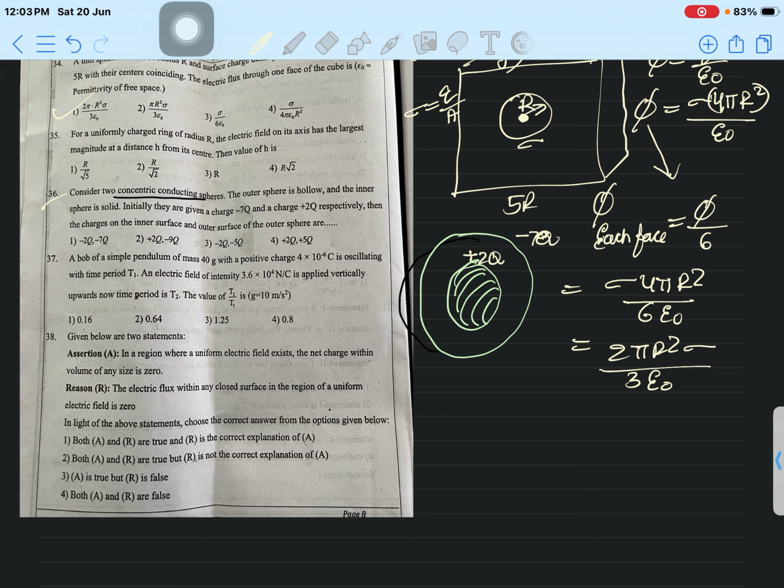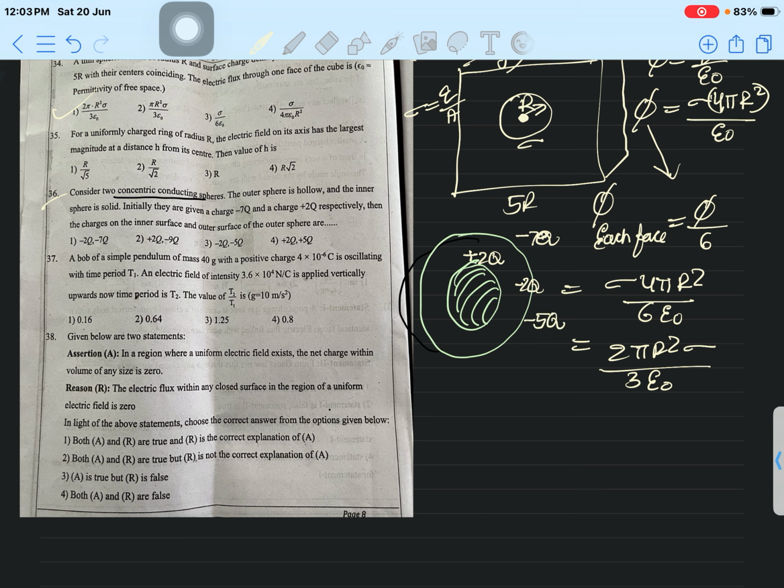Okay, now because of this plus 2q, there will be a charge induction of minus 2q on the inner surface of conducting sphere. Okay, now because minus 2q came here, the remaining charge of minus 5q will be staying on the outer surface of the sphere.